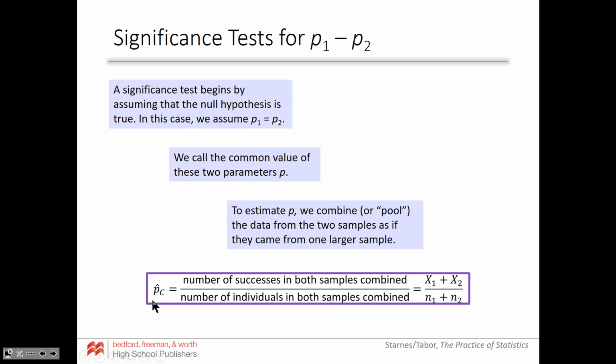We call this our P combined. C stands for combined. So you're going to notice we have p hat C. You essentially take all of the successes from both samples, add them together, and divide by the total number of people surveyed in both samples. That's your p hat combined.